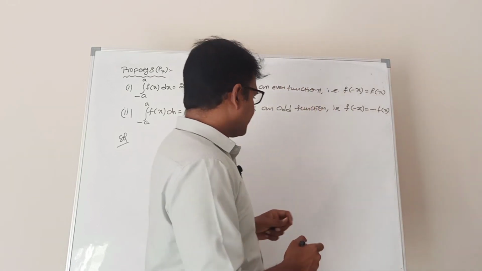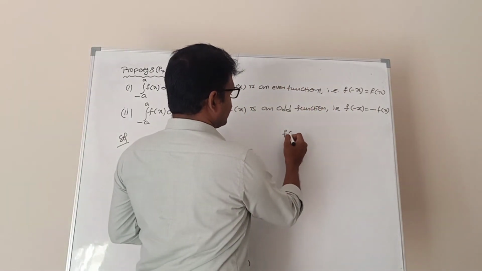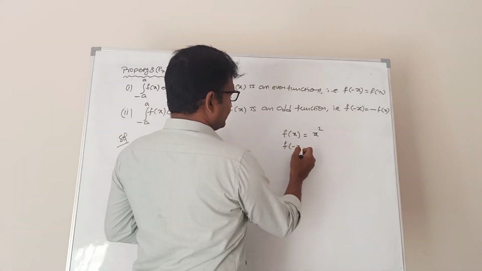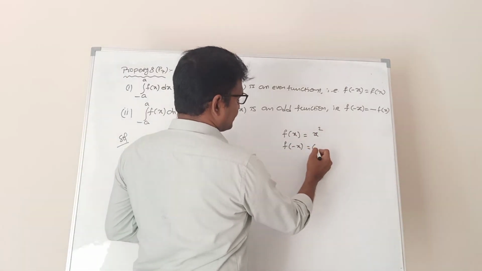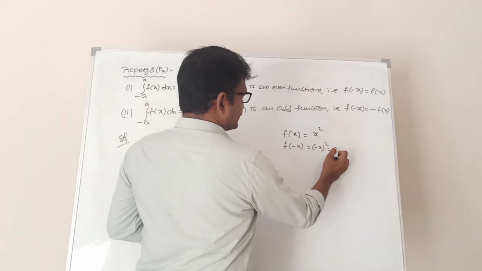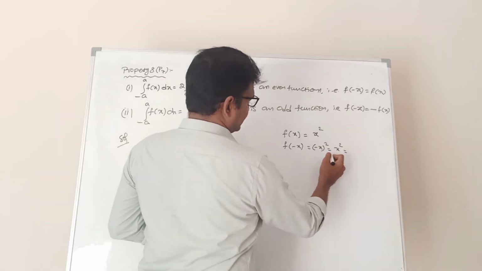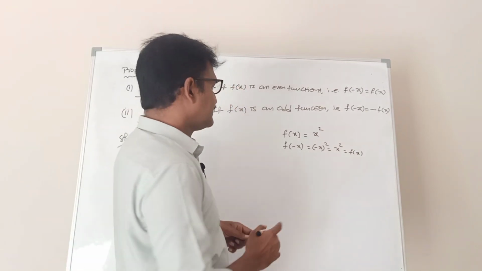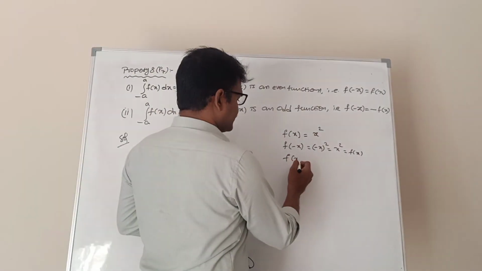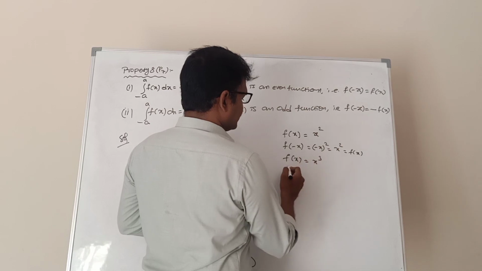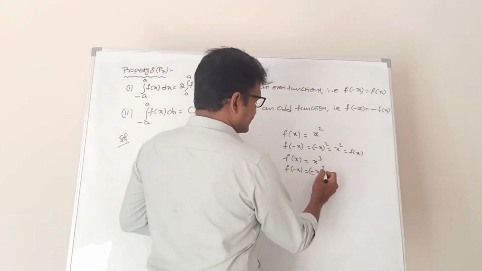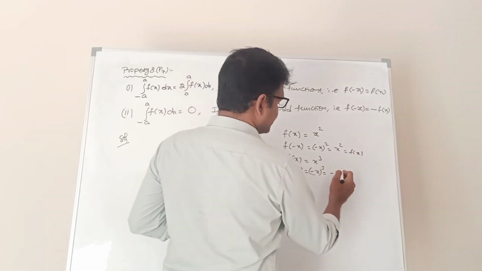So what does even function mean? Suppose you take f of x equal to x square. If I replace x with minus x, that means minus x whole square, again I get x square only, so x square is an even function. Suppose you take f of x equal to x cube. If I replace x with minus x, it will become minus x cube.